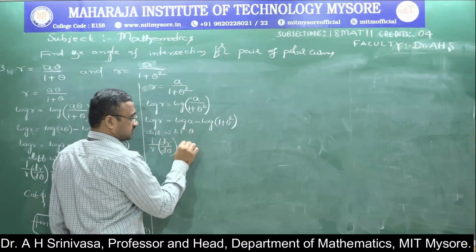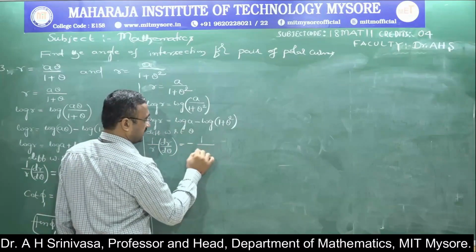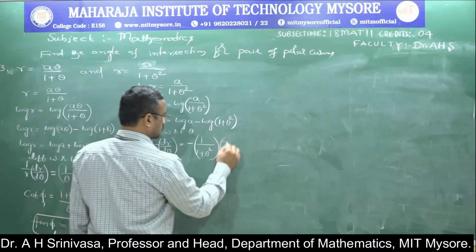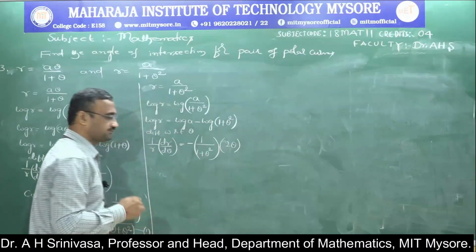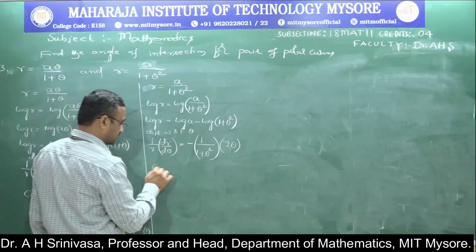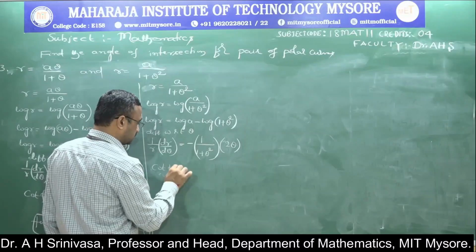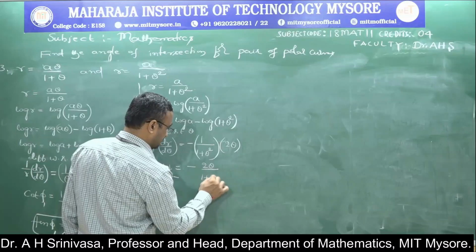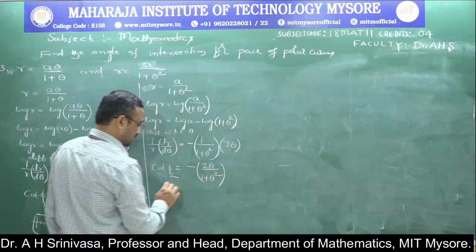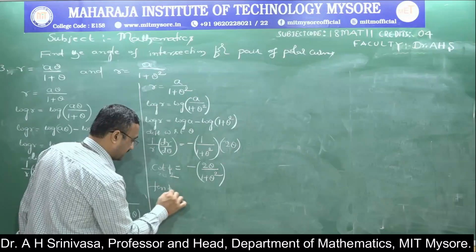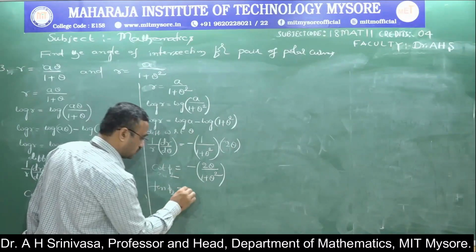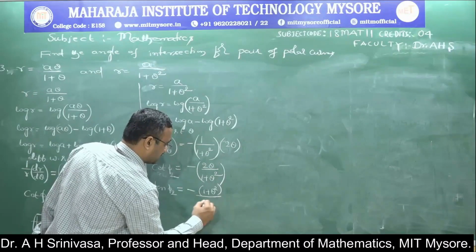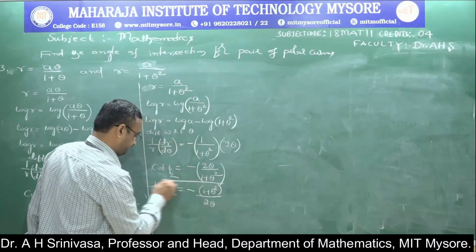This is 0. It is minus 1 by 1 plus theta square into 2 theta. The value is cot phi 2 equal to minus 2 theta divided by 1 plus theta square. If I take the reciprocal, then tan phi 2 should be equal to minus of 1 plus theta square, whole divided by 2 theta.